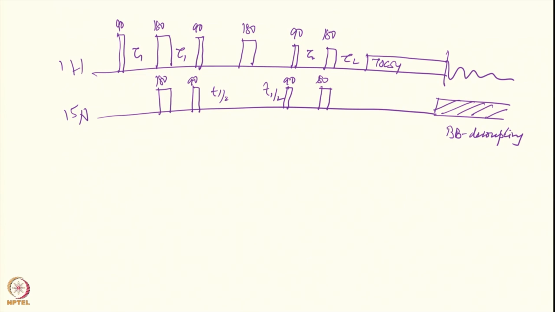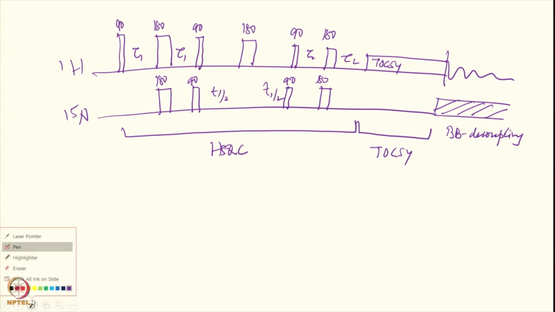So this portion is HSQC from here to here, and then I have combined that with the TOCSY. So this is the HSQC TOCSY spectrum. I can do the same thing for the NOESY, HSQC NOESY. Let me use a different color for that.